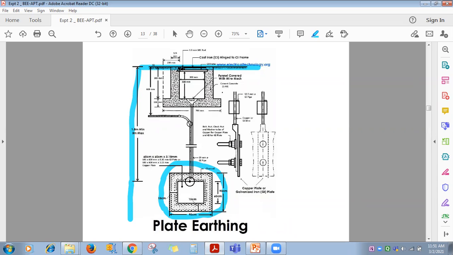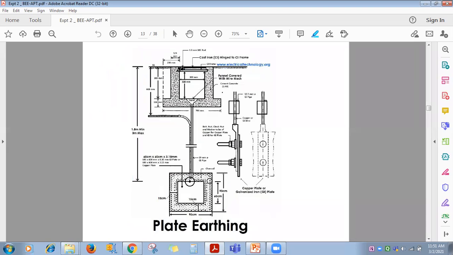This connection is the earthing wire. Suppose this is the socket earthing terminal, and below it are phase and neutral. From this earthing terminal, the earthing wire is connected like this to this plate.